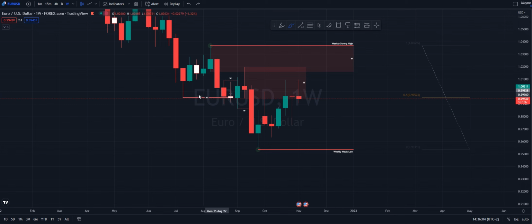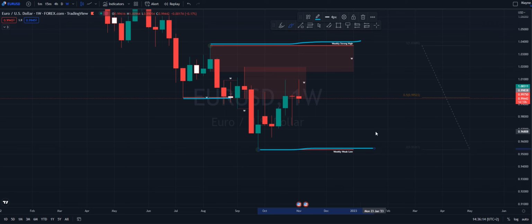Right? So we have the bearish break of structure, and then we have this swing range to work with from a weekly perspective. Now, the expectation is that price should pull back and then come back down and cause the pro trend run.